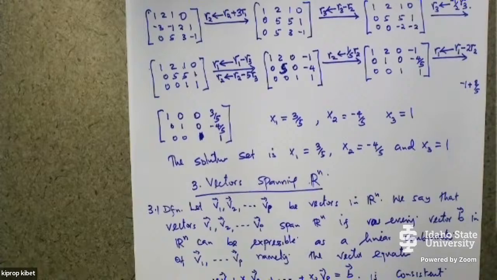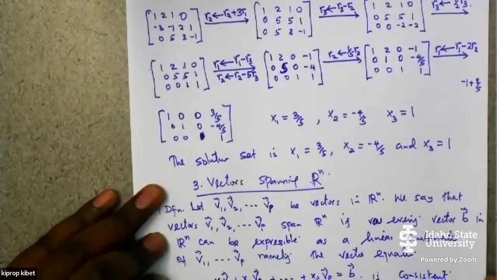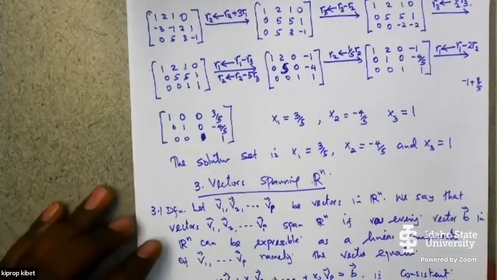Now, if it is consistent, then it means b is spanned by v1 up to vp. Okay, example number 8. Let's look at example number 8.